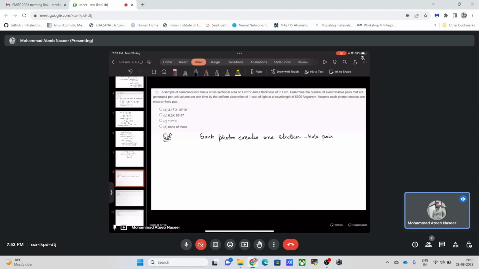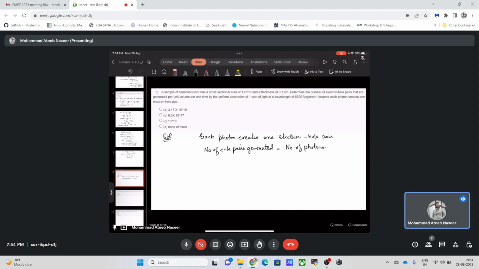So what does it imply? It implies that the number of electron hole pairs generated is equal to the number of photons.